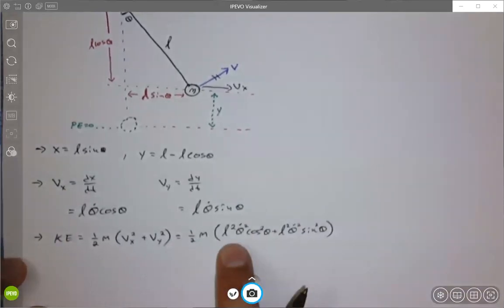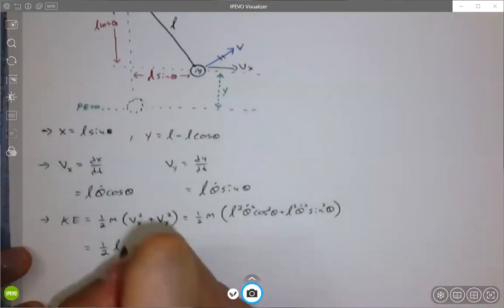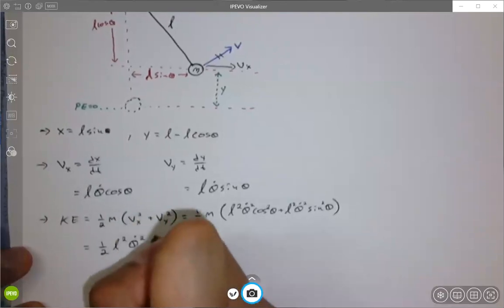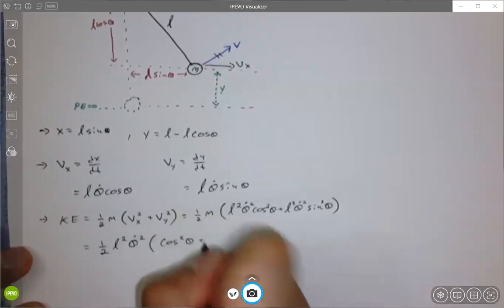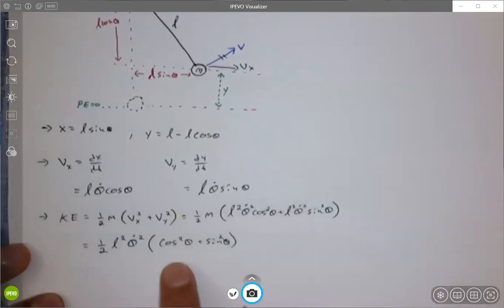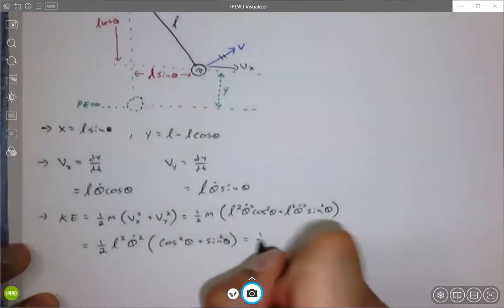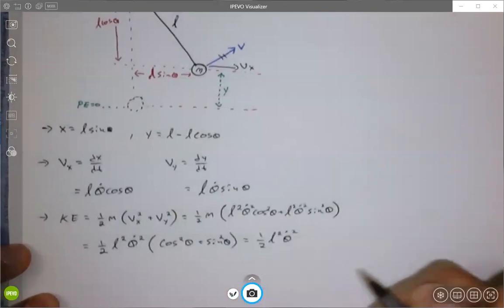From here, it looks like we could factor out the L squared theta dot squared, and on the inside we would be left with cosine squared theta plus sine squared theta. You should know that this is an identity. Cosine squared plus sine squared is 1.